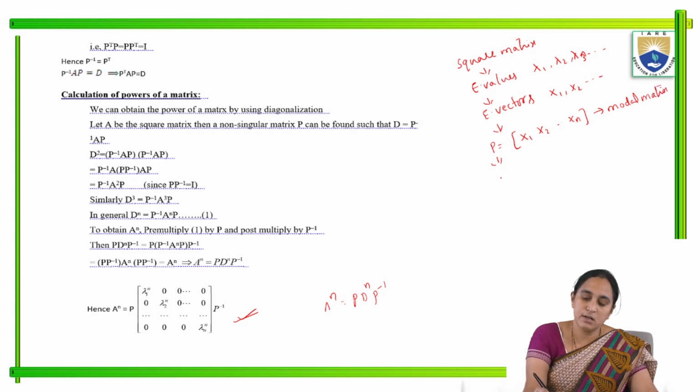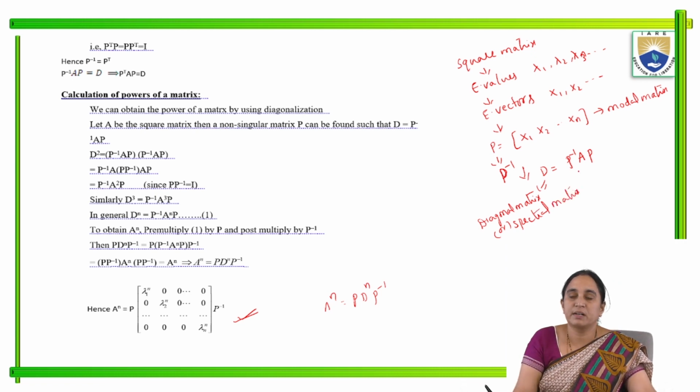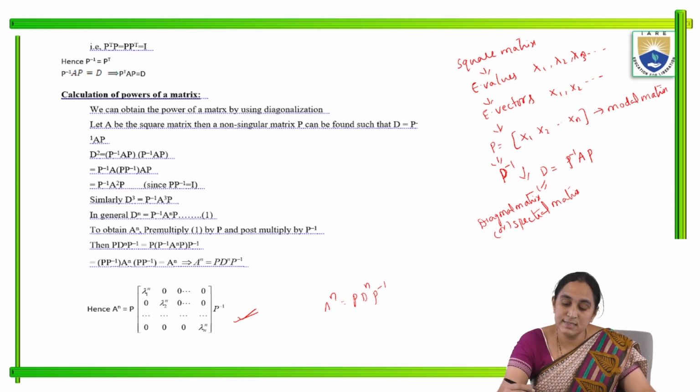For that, D is equal to P inverse A P; for that we have to find P inverse. Here, what about D? This is called the diagonal matrix or spectral matrix. Observe, what about the diagonal elements in the diagonal matrix?